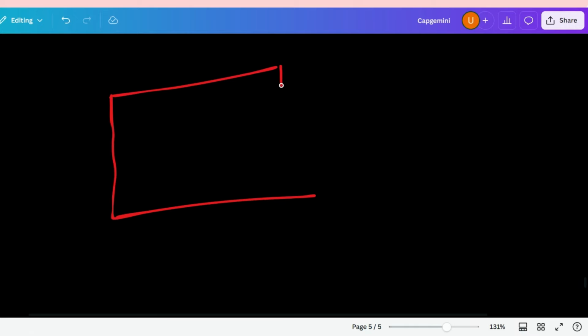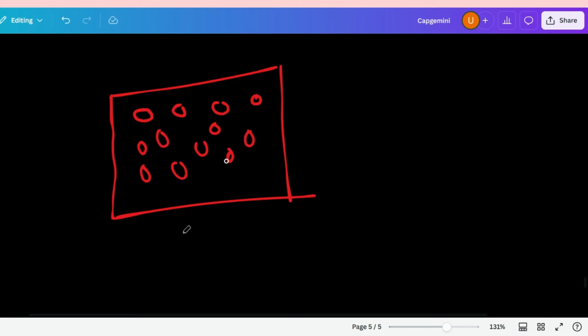So let me show you some game based aptitude questions. There will be various types of game based aptitude questions. So let me show one type. So let's say this is a circle, this is a circle, this is a circle. There will be random circles present there, not in any manner.